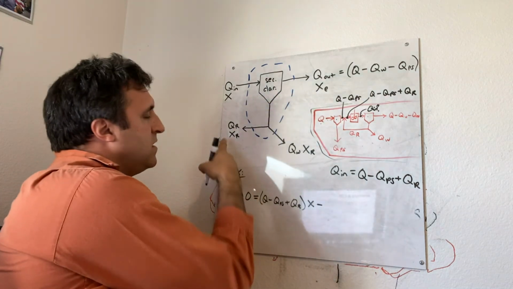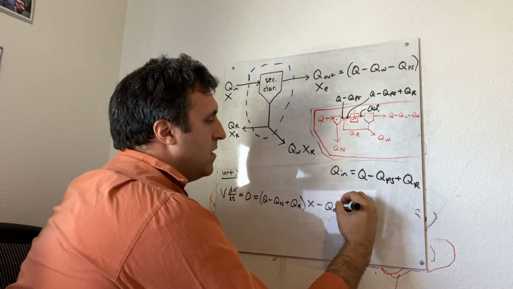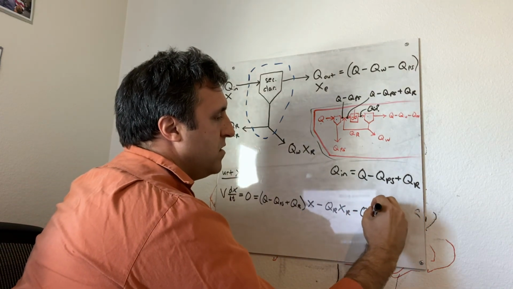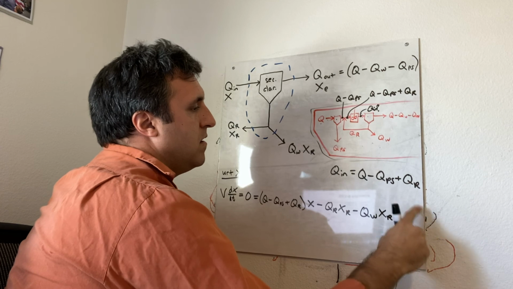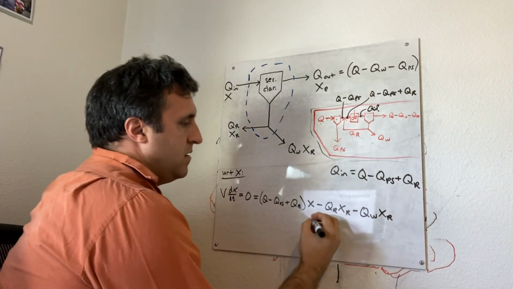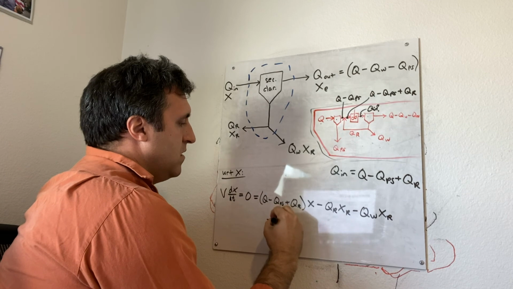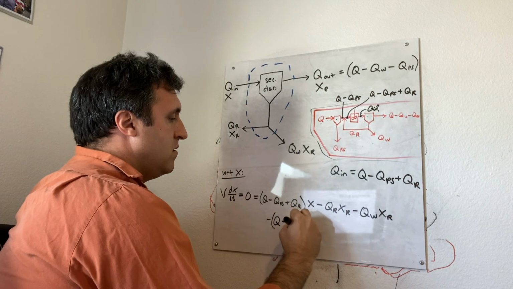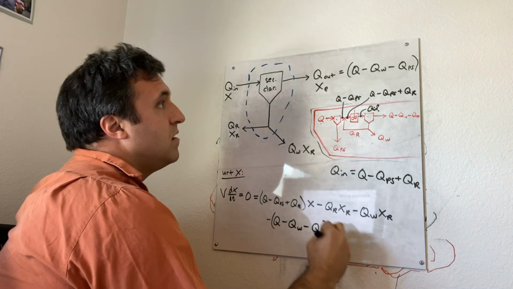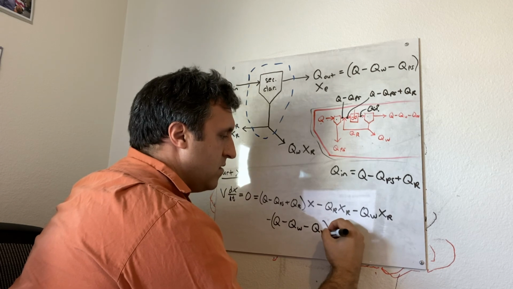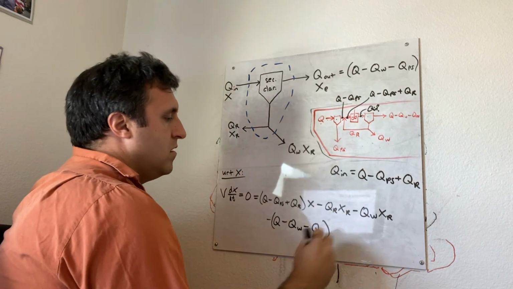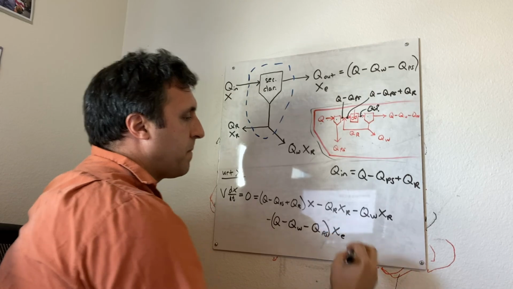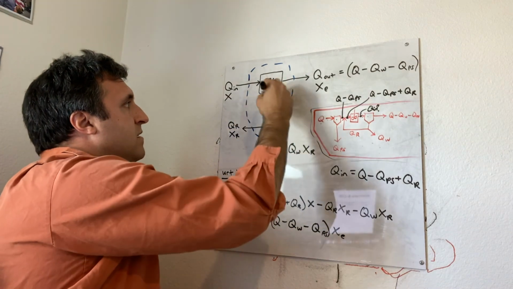So the first one is minus QR XR. Second one is minus QW XR. Then we have the effluent, minus, in parentheses, (Q minus QW minus QPS) multiplied by XE. And then the growth rate in here, this has a volume.